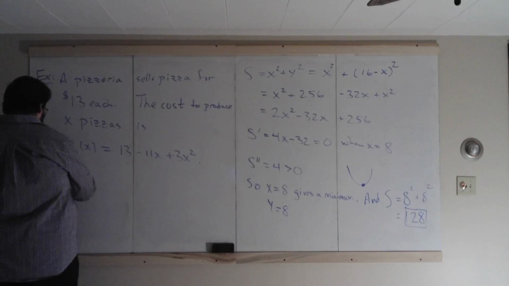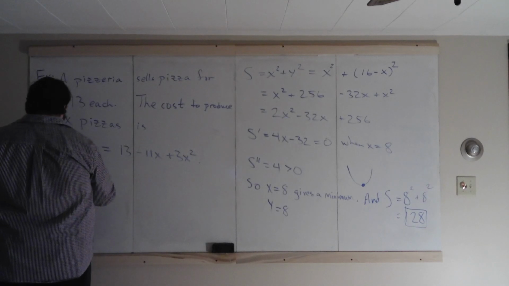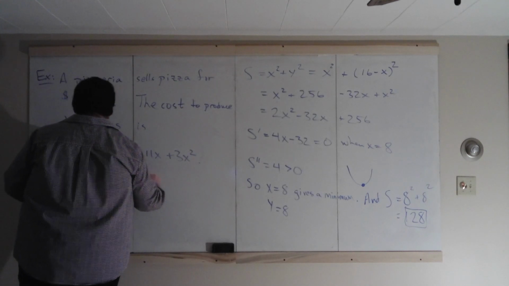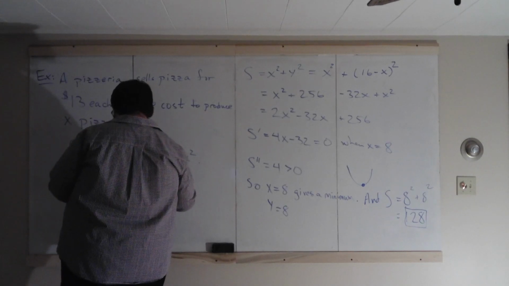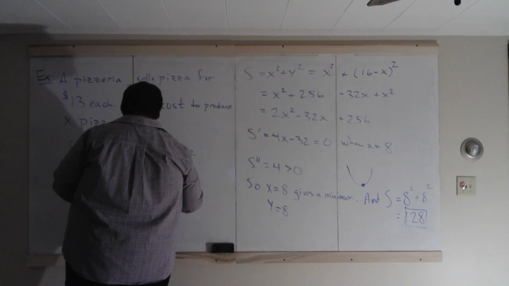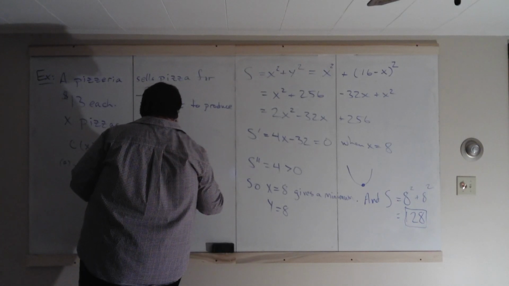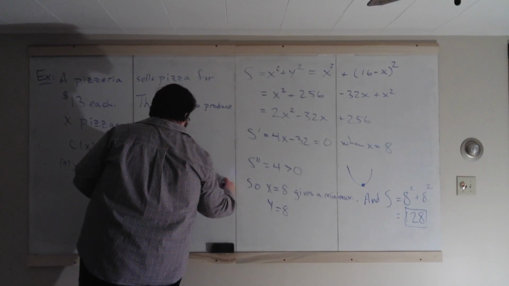There are 2 parts. Part A, find the revenue from selling x pizzas.